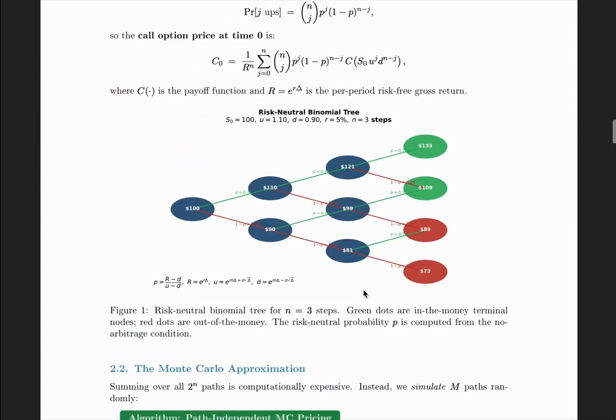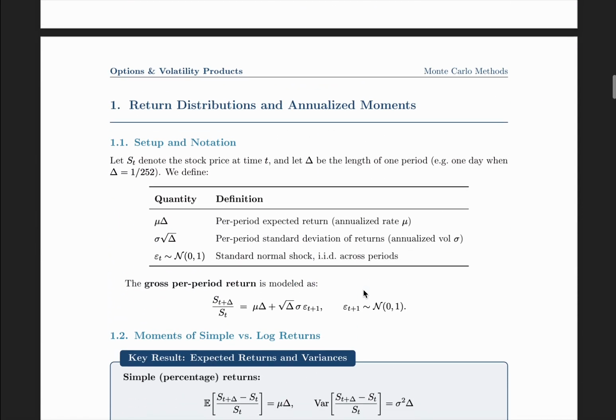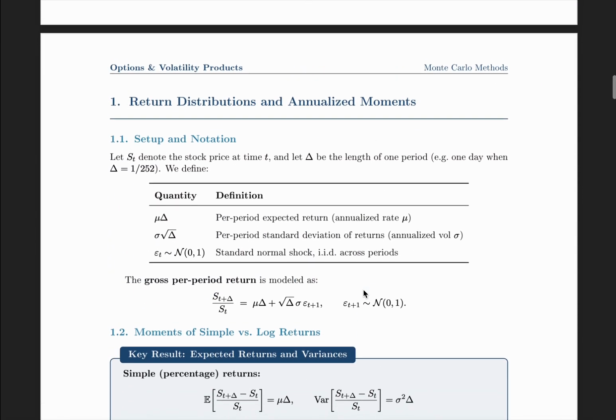So Monte Carlo, as I said, is most commonly used for options pricing. Essentially, you simulate multiple possible paths and therefore future stock prices, and using each of those stock prices you can calculate the option's price.